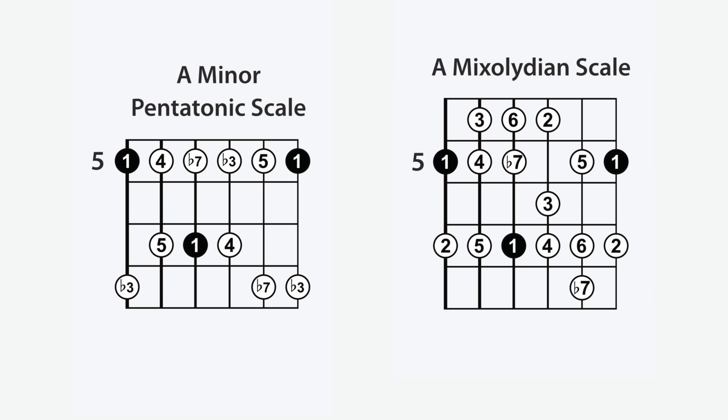That's all it is. But the reason I think it's important to mention is because if you were to put the minor pentatonic scale and the Mixolydian scale side by side, you'd realize they're exactly the same, except the Mixolydian scale also has a major 3rd and the 2nd that the minor pentatonic scale doesn't have.